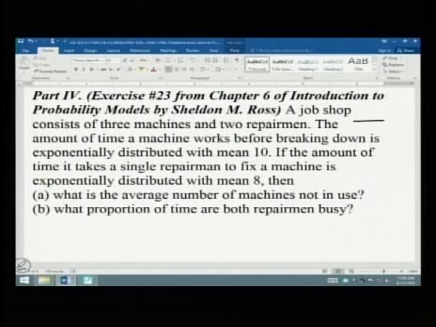If the amount of time it takes a single repairman to fix a machine is exponentially distributed with mean 8, then what is the average number of machines not in use, and what proportion of time are both repairmen busy? Okay, so highly likely, once we build up the Markov chain model and determine the steady state probability distribution, then we should be able to answer these 2 questions very easily. Okay, so let's do that.